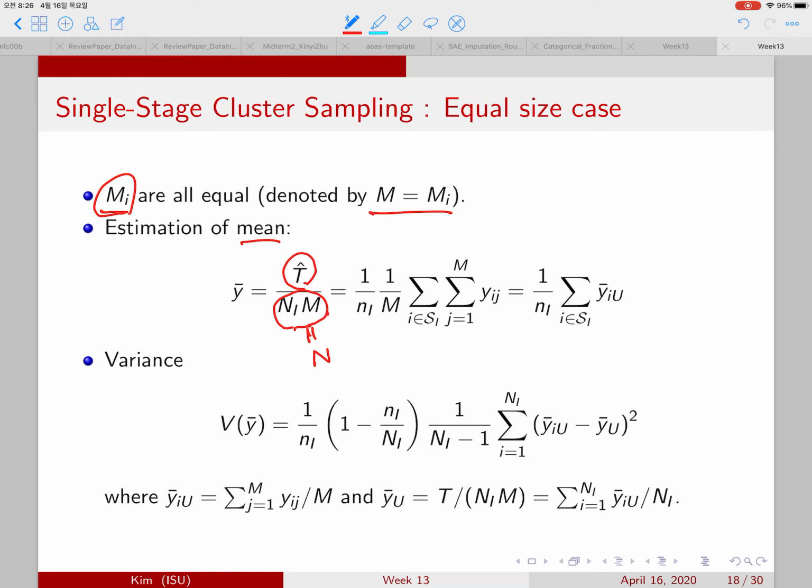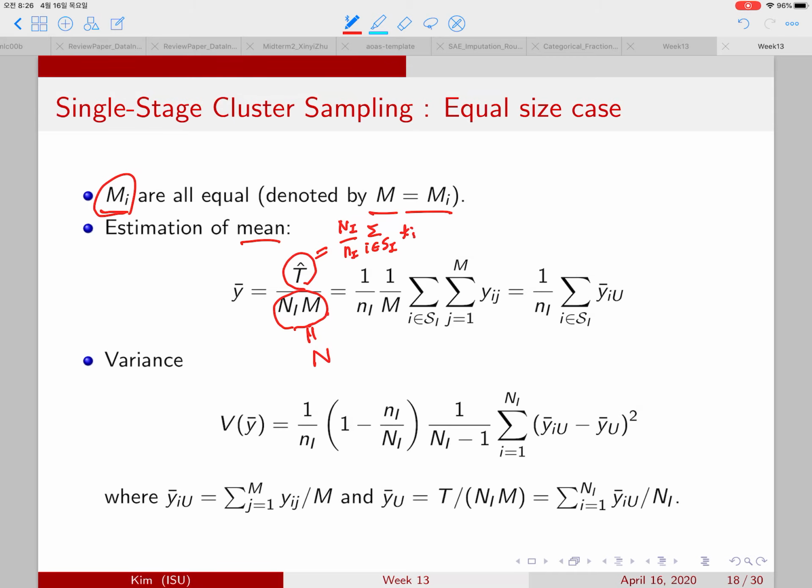So I mean known, and so the total estimator is capital N divided by small n, summation of ti, right?